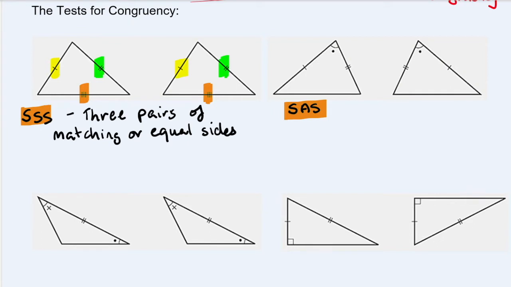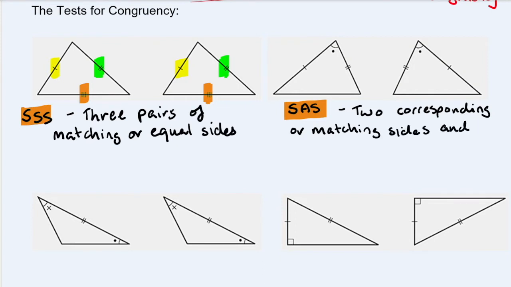So what we want here are 2 corresponding, which is just a fancy way of saying matching, sides, and the included angle. The included angle is the angle they actually make.